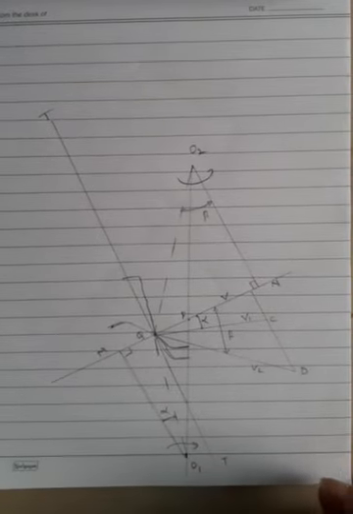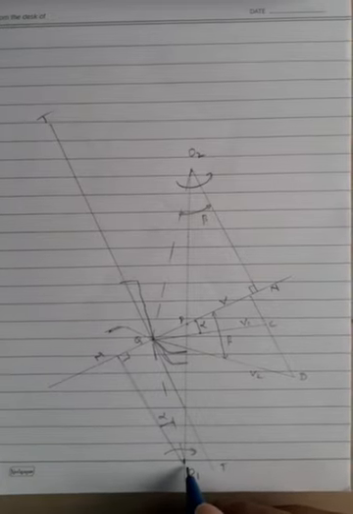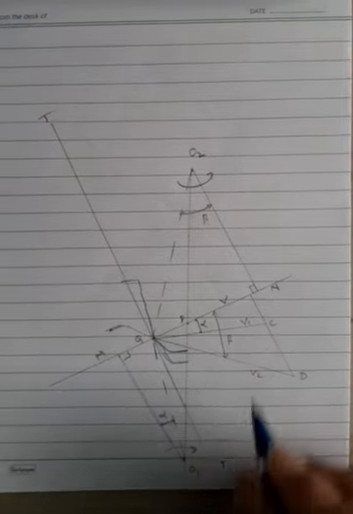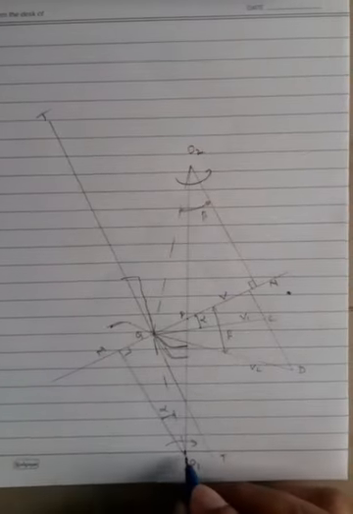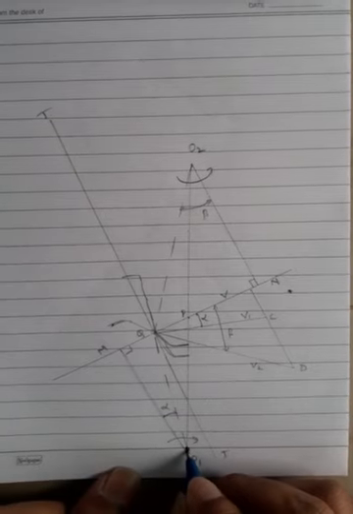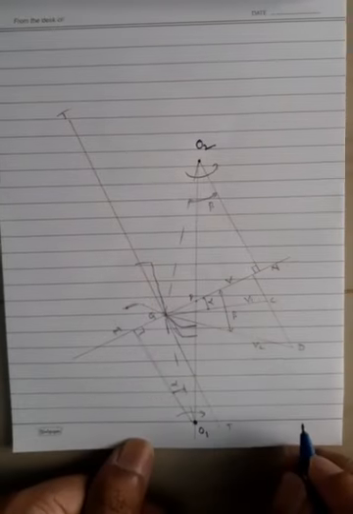let us consider two gears, the smaller gear known as the pinion and the larger gear known as the gear. The center of the smaller gear I have taken as point O1 and the center point of the larger gear is O2.